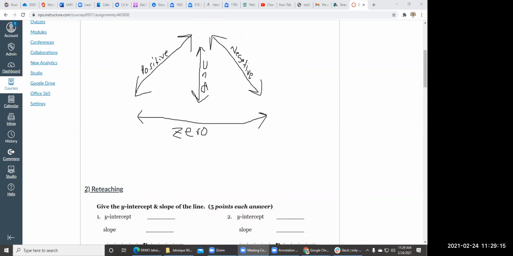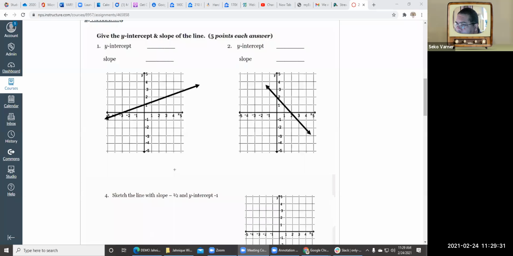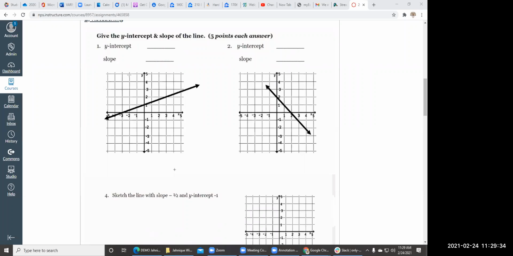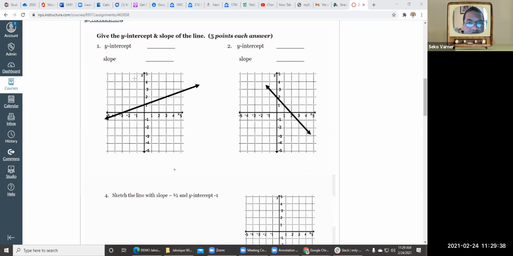Okay. So one of the other things we have to learn is how do we figure out what the slope is? And so here's a point right here where this line crosses, the line that I'm talking about is this line.